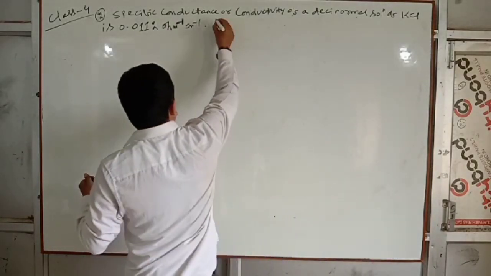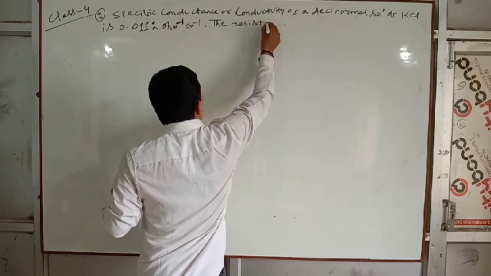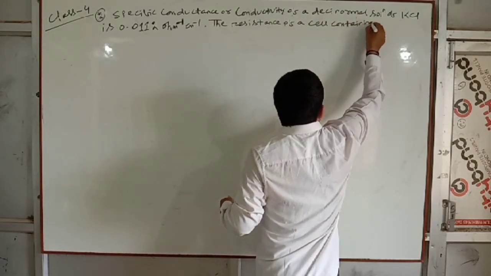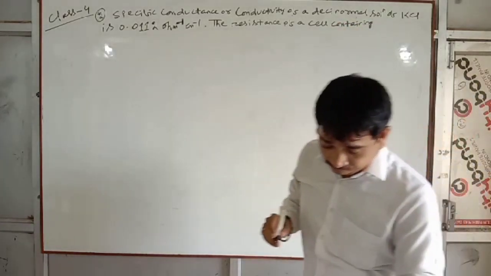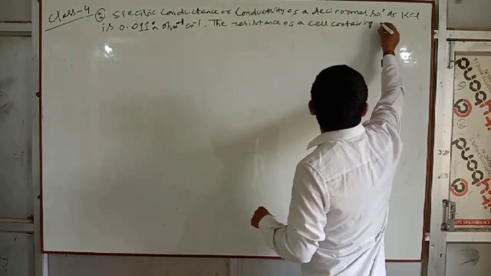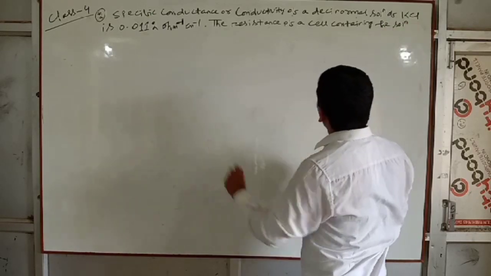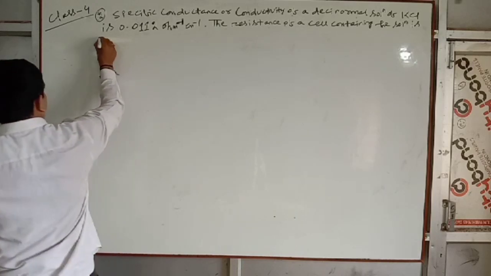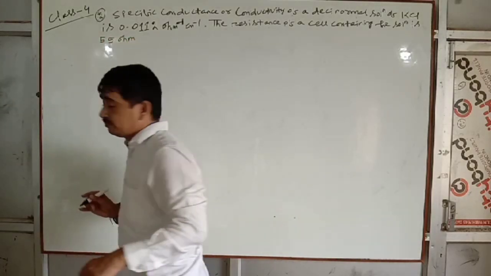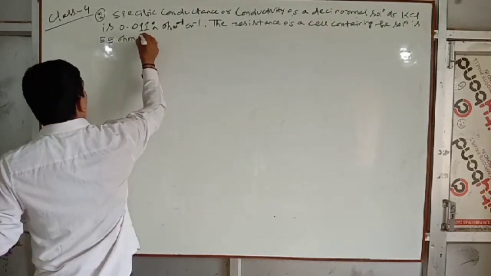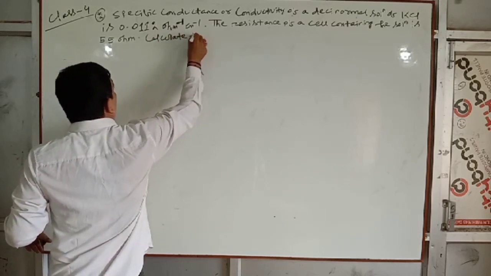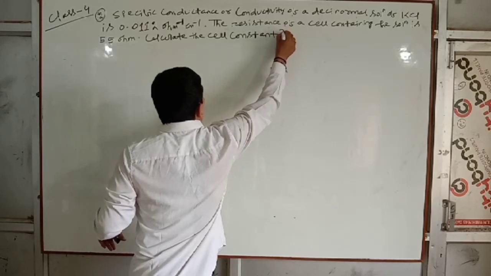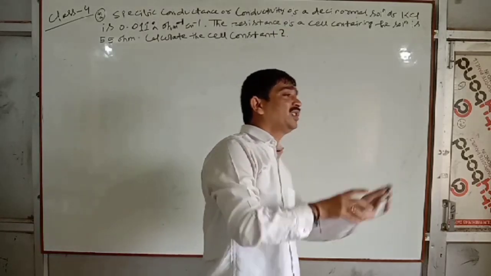The resistance of a cell containing the solution is 55 ohm. Calculate the cell constant. Clear?